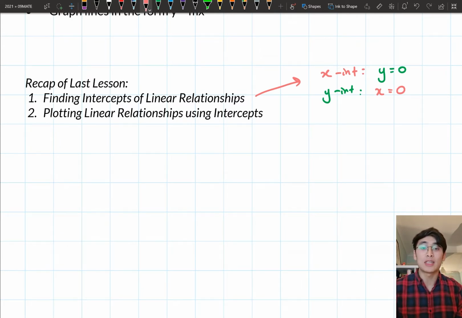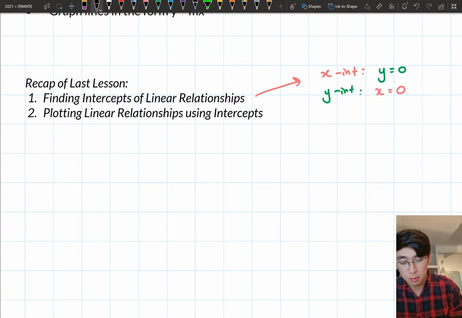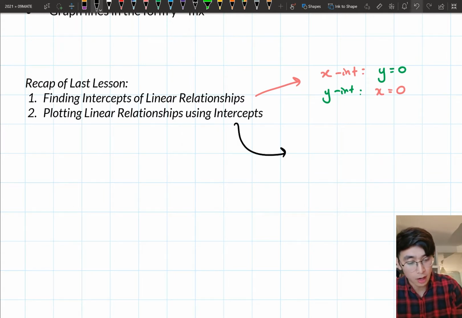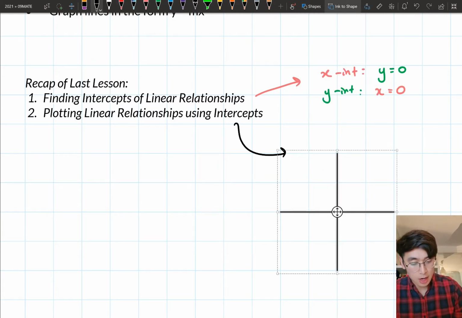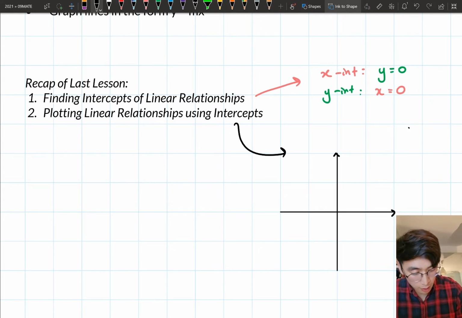After that, we were able to plot our linear relationship using these intercepts. Let me get my axes out. I have my Cartesian plane with my y and my x, and I have my two intercepts. My y-intercept is up here, and my x-intercept is down here.